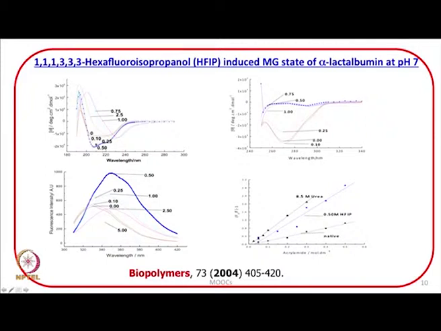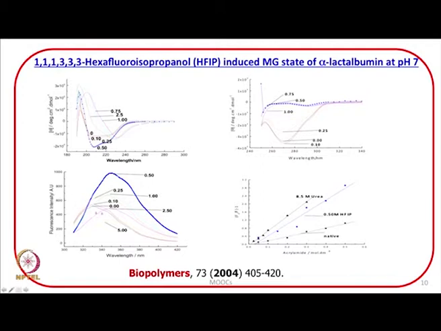That means the secondary structure is relatively stronger than that in the native structure, but look at the blue line here, the ellipticity is almost 0 in presence of 0.5 molar hexafluoroisopropanol; tertiary structure is not there. So, in presence of 0.5 molar hexafluoroisopropanol, secondary structure is strengthened, tertiary structure is lost, and therefore, this concentration induces molten globule conformation in the protein.